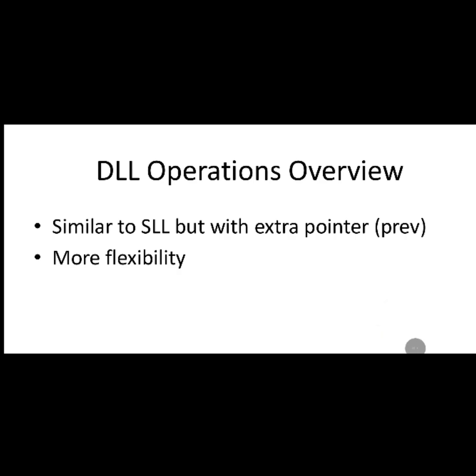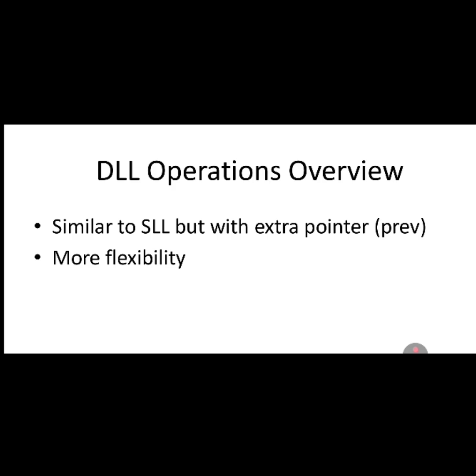Here also the operations are insertion, deletion, creation, traversing and searching, all similar to those of singly linked list. The insertion consists of three parts: insertion at beginning, at end and at a specific position. The deletion also consists of three parts: deletion from beginning, from end and from a specific position.